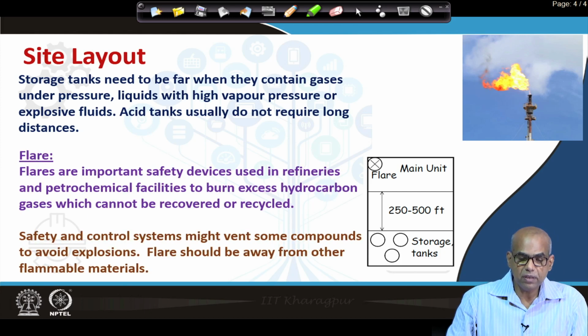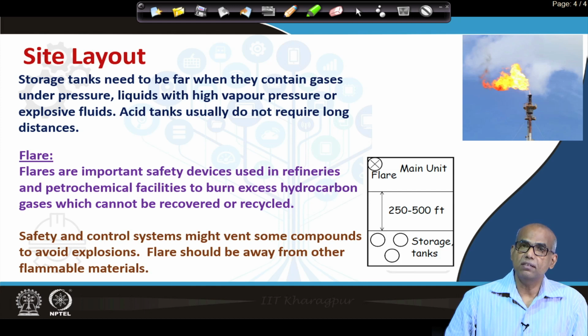Flares are important safety devices used in refineries and petrochemical facilities to burn excess hydrocarbon gases which cannot be recovered or recycled. So, instead of releasing these vapors to the atmosphere, these vapors are safely burned using flares.